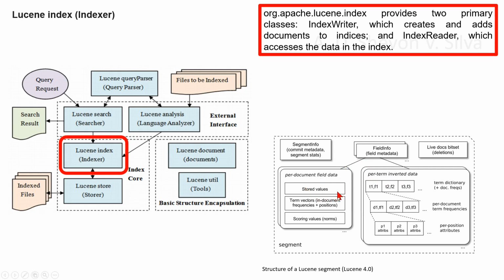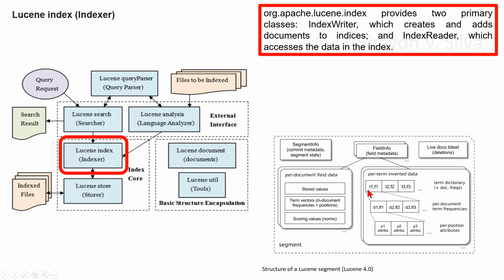Stored values, term vectors, in-document frequencies plus positions, scoring values, norms, are in per document field data. Term dictionary plus doc frequencies, per document term frequencies, and per position attributes are in per term inverted data.